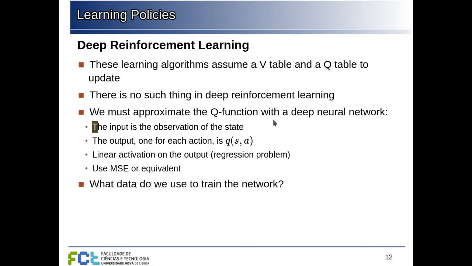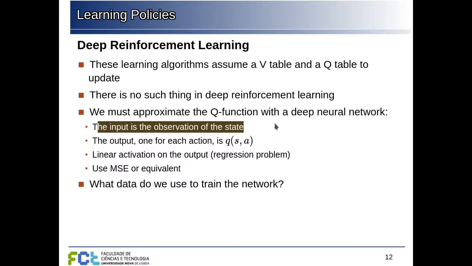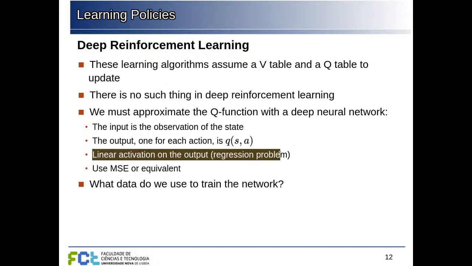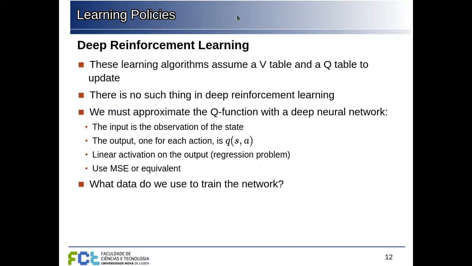The input to the network is just the observation of the state, and the output is one linear neuron for each action. So basically, we are outputting for each action the value of the Q function for that particular state. And so we use a linear activation of the output because this is a regression problem.